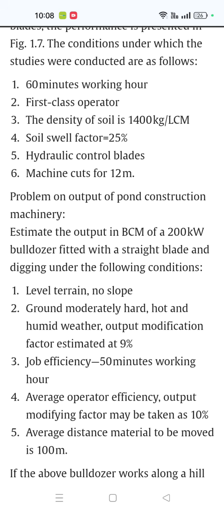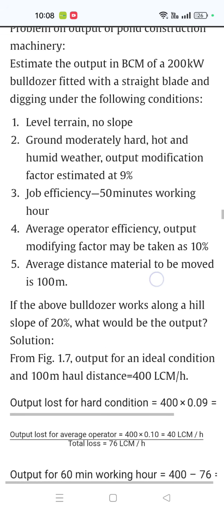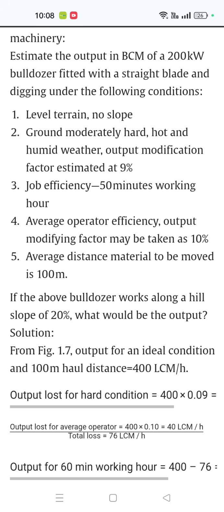Problem on output of earth construction machinery. Estimate the output in BCM of a 200 kilowatt bulldozer fitted with a straight blade under the following conditions. 1. Level terrain, no slope. 2. Ground moderately hard, not homogeneous, with the output modification factor estimated at 0.90. 3.